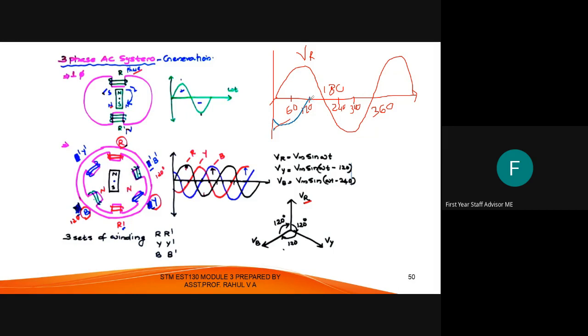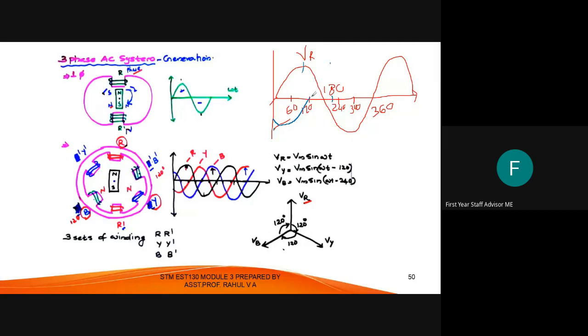Okay, so at this 120 degree, as we have seen in the case of VR, it is close to 0. And we know that after crossing 0, it took 90 degree to reach the peak value. So after crossing 120 degree, it should take 90 degree to reach the peak value. So 120 plus 90 is 210. So it will come somewhere here between 180 and 240.